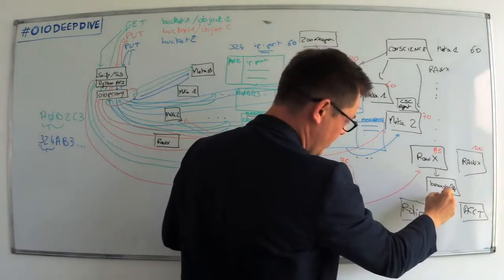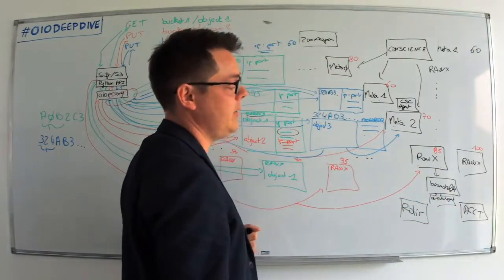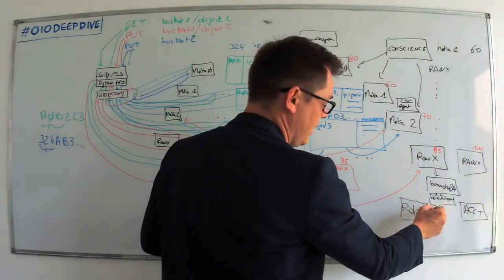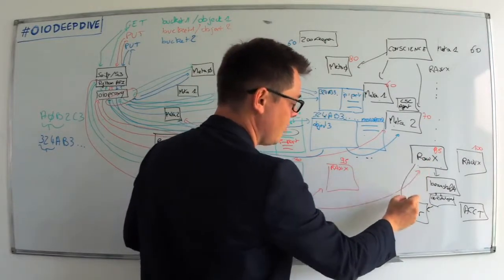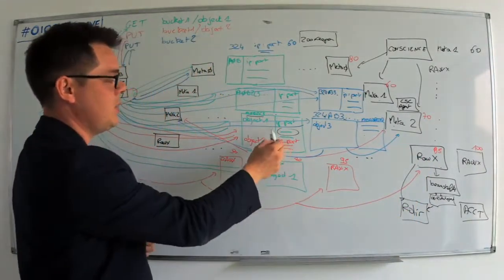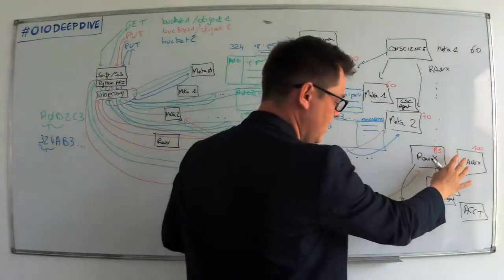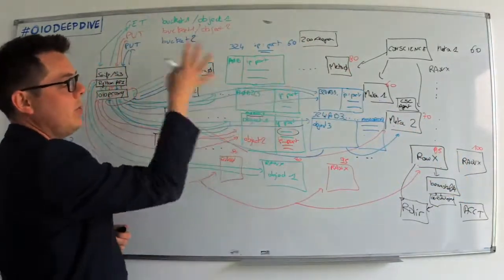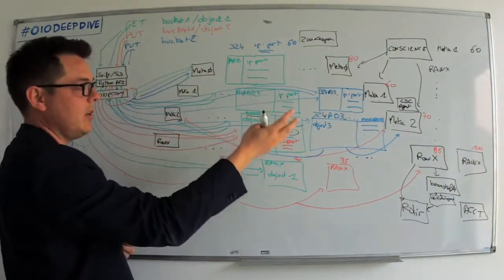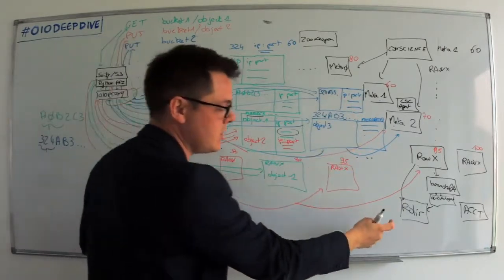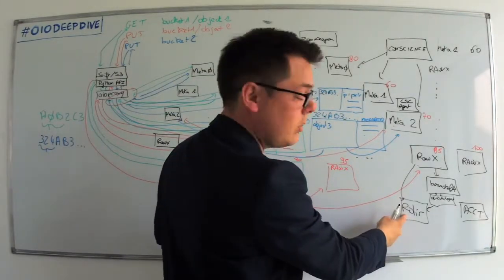Then the OIO event agent will pull all the events, and we say to the RDIR, okay, this RAWX is storing this object. So if you lose the RAWX, you don't have to crawl all the platform to know what object and what chunk is missing. You just have to ask the reverse directory system to rebuild your data.